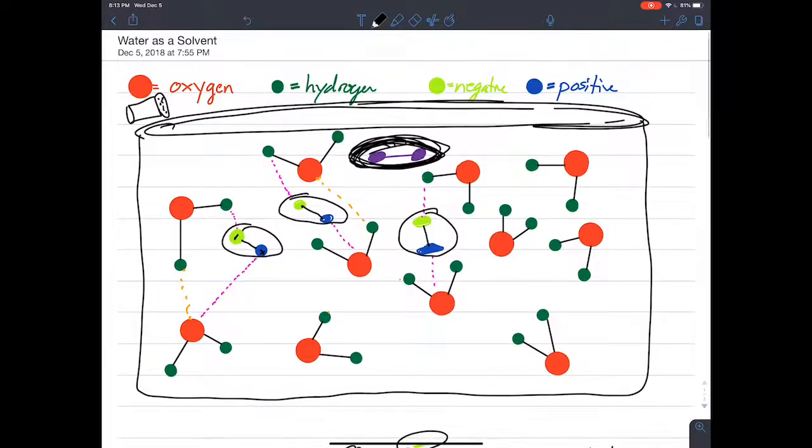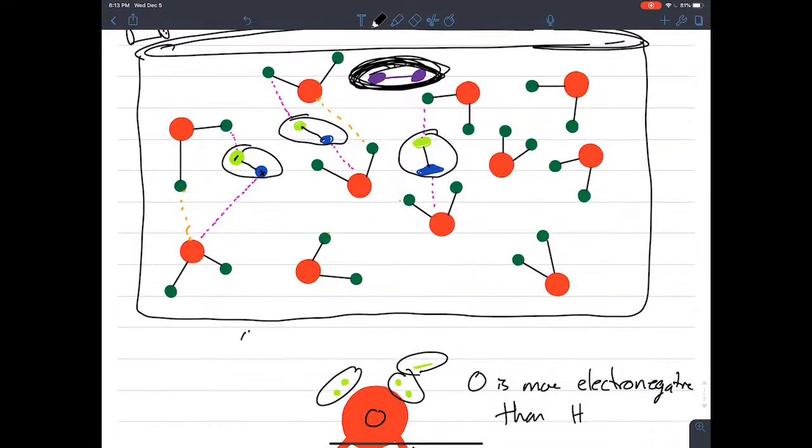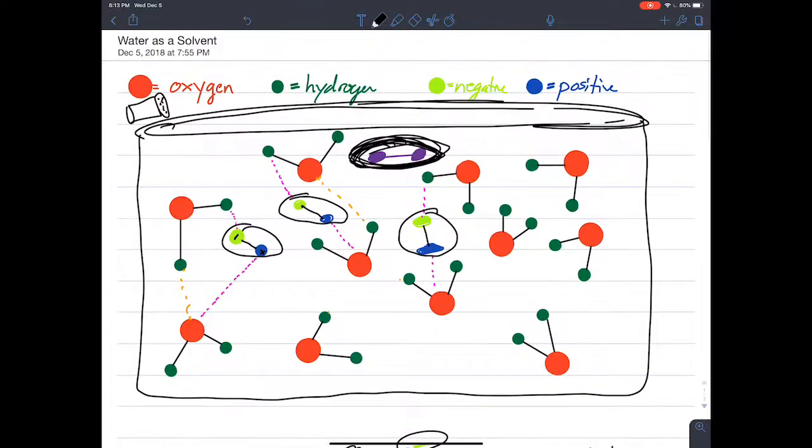That's why like dissolves like. Like dissolves like. That's why. Because at the atomic level, it needs to be able to bond with whatever's in it if it's going to become part of it. So hopefully that clears up any confusion with that.